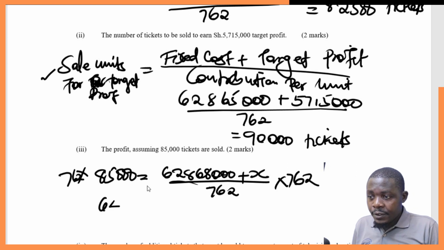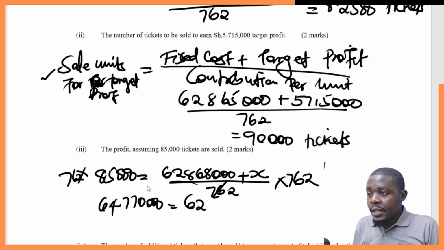We have 64,77,000 is equal to 62,868,000 plus X. This one and this one will cancel.